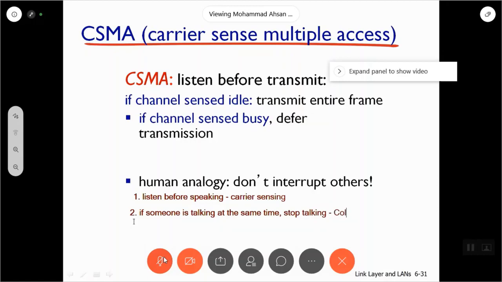This part in networking is known as collision detection. This means if a transmitting node listens to the channel while it is transmitting, it detects that another node is also transmitting and there is an interference or a collision that happens. It stops transmitting. And then using some protocol, it will start again after some time.